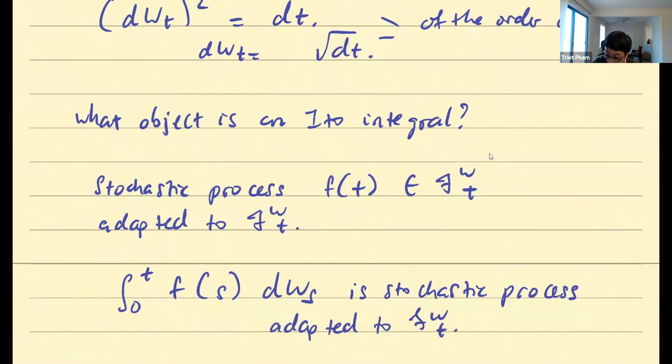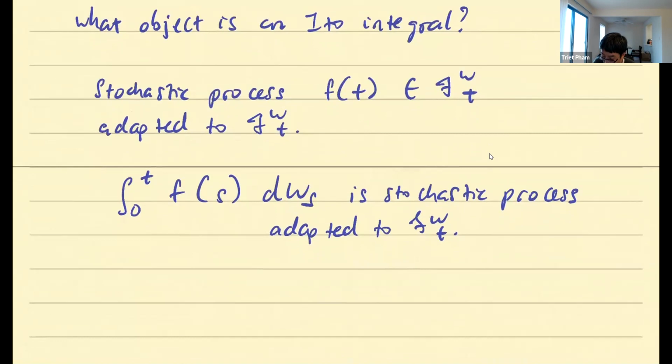In other words, by observing the Brownian motion path, I can know the integrand, but I also know the integral if I can observe the whole history, which makes sense. When you add things up, of course, you know what the value should be. So that's nothing new. But moreover, there's a very interesting property above and beyond this.